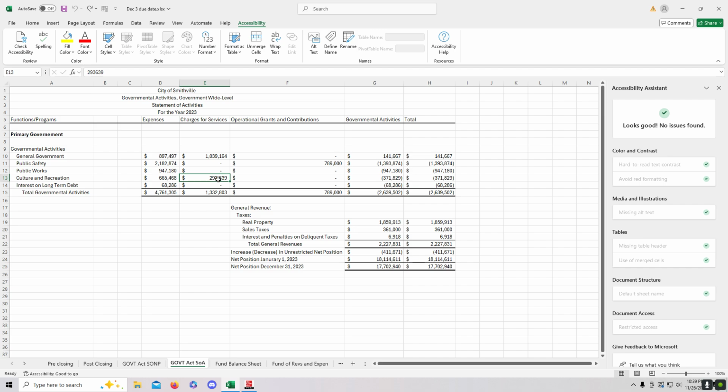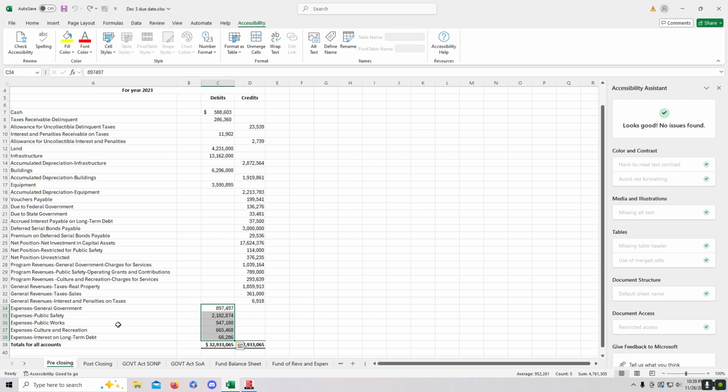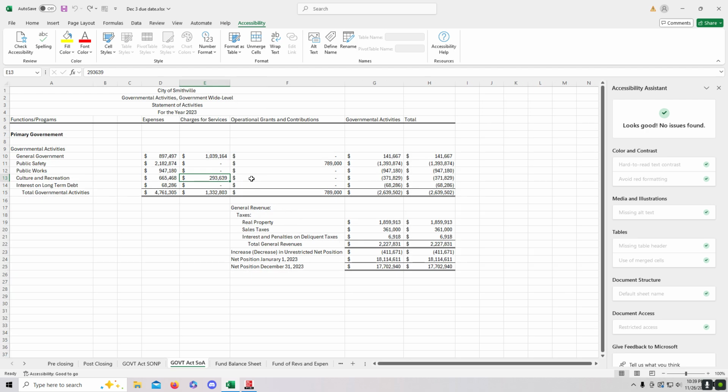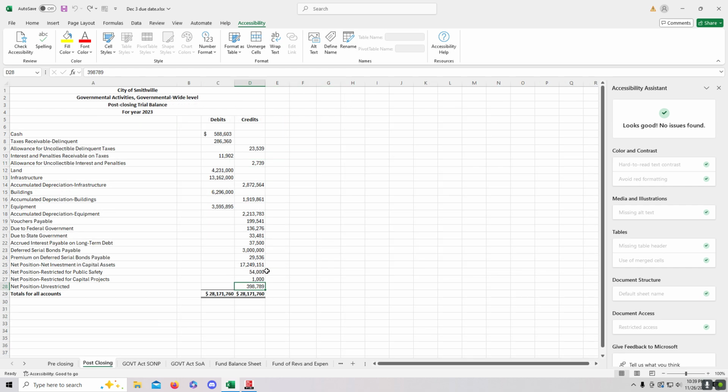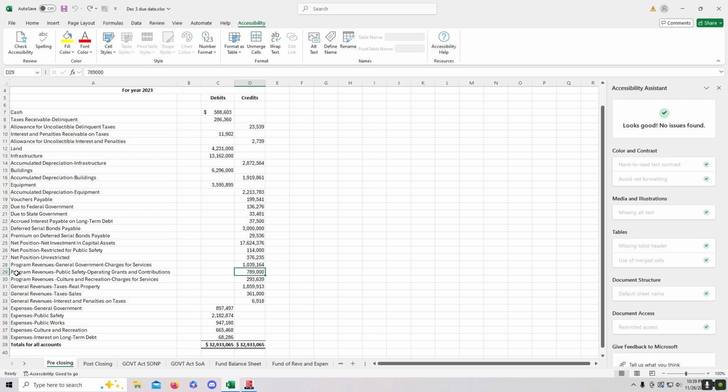These charges for services are from the pre-closing, and they come from the general government charges for services and the culture and recreation charges for services. This public safety operational grants and contributions was gotten from program revenues, public safety, operating grants and contributions.